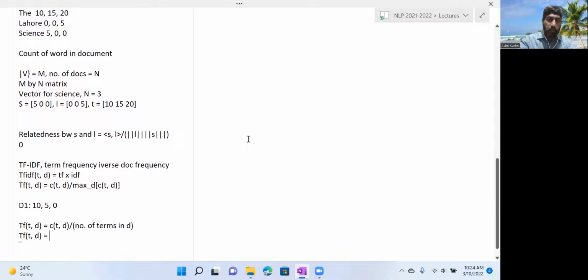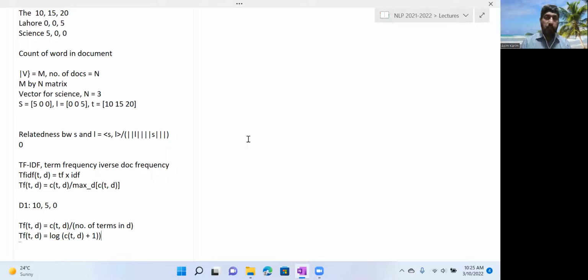So at high values, depending on what log you're using, with log 10, an increase of 10 would just be an increase of 1. So you can do log of count(t, d) plus sometimes you just add a 1 there, because log of 0 is not defined. So if a word occurs 0 times, you just add a 1 there to avoid an error.